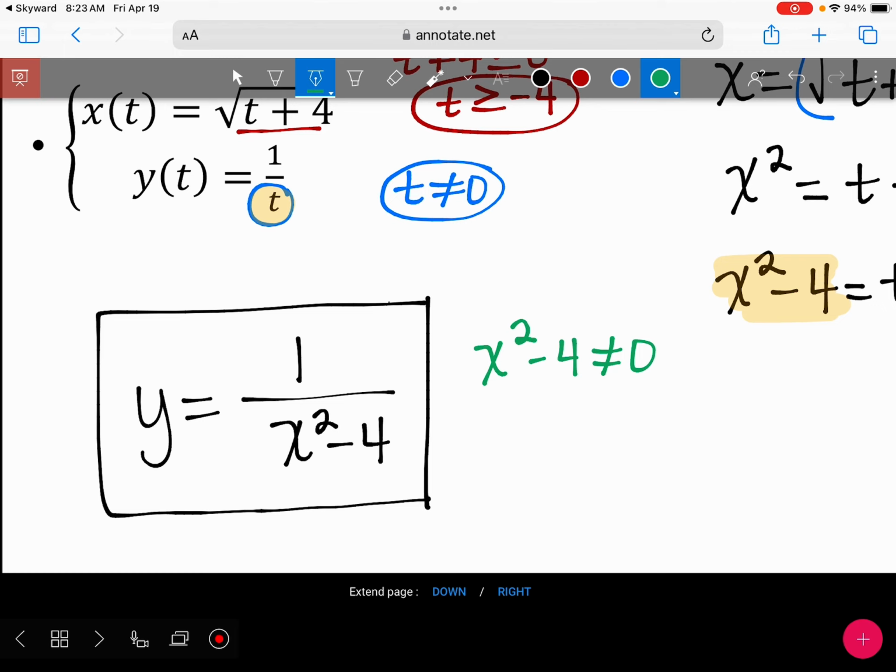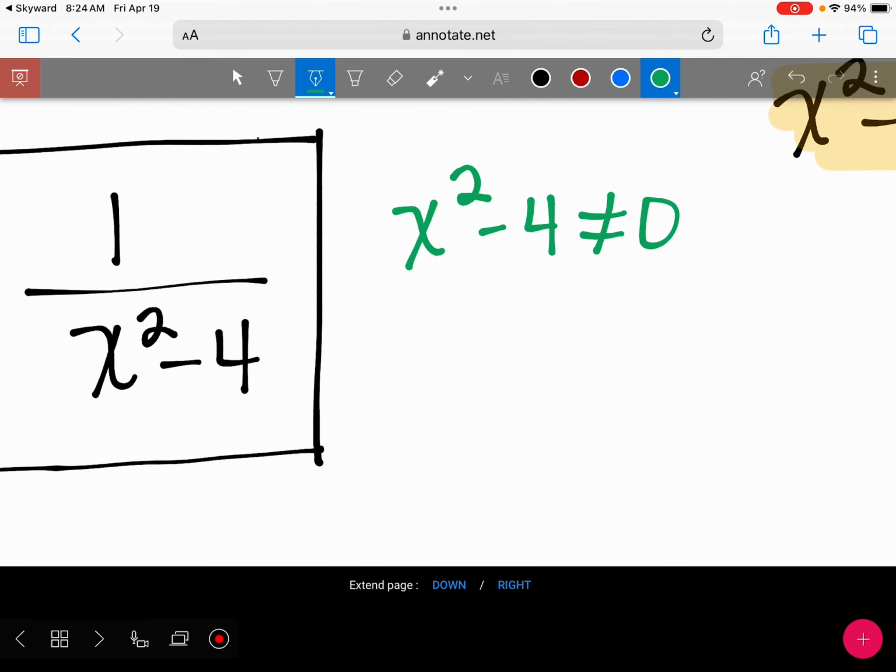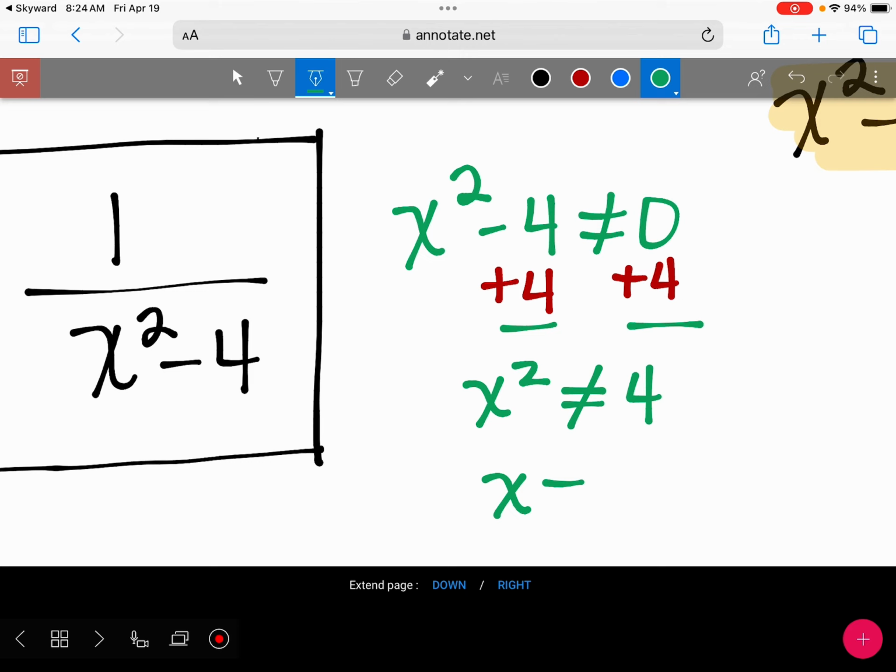There are 2 more numbers that I have to exclude. I'm going to add the 4. X squared cannot equal 4. Now, when you take the square root of 4, what are your 2 answers? So x cannot equal plus and minus 2.